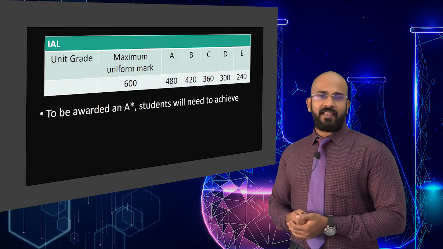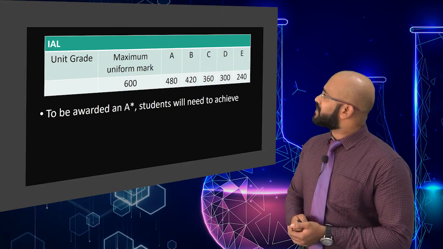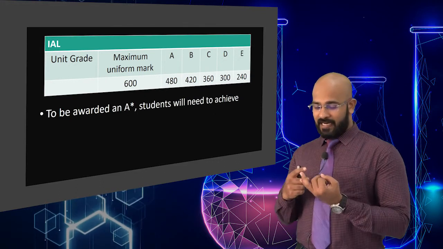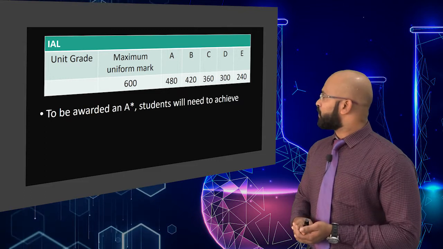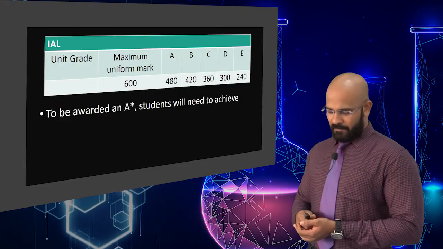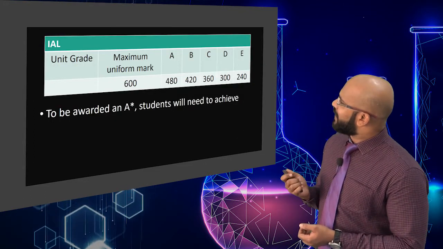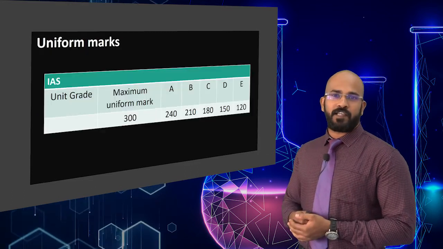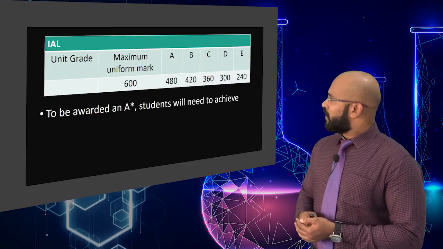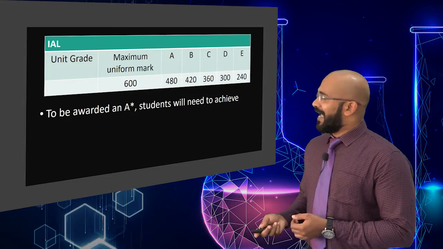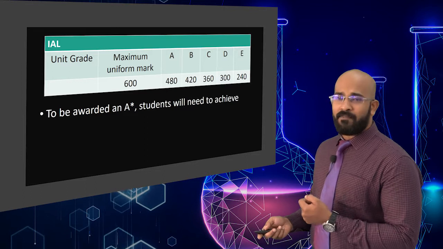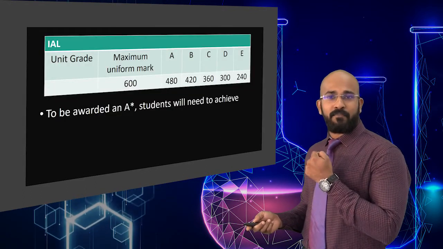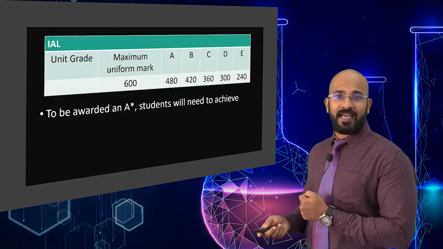For IAL, the total mark is 600. That means 300 for IAS and 300 for IA2. In IAL, if you score 480 out of 600, you can get an A. To get an A star, a student will need to achieve a minimum of 90% in IA2.